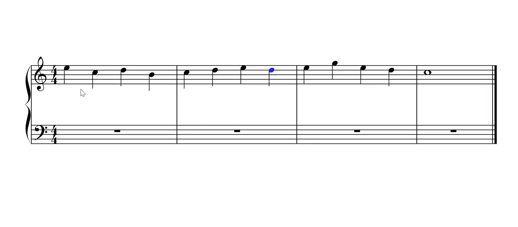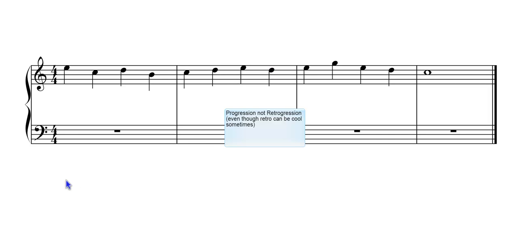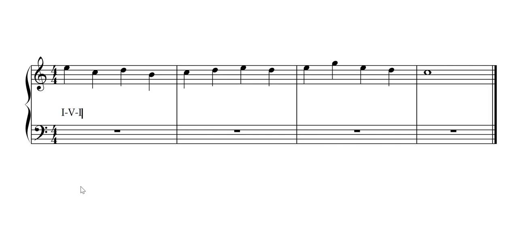And what we want to remember is that we need a progression rather than a retrogression. So a progression would be going from 1 to 5 to 1, right? So easy enough when we're just using 1s and 5s. If we have 4s, then you really want it to go 1, 4, which is a predominant, leads to the dominant, and then go back to 1.